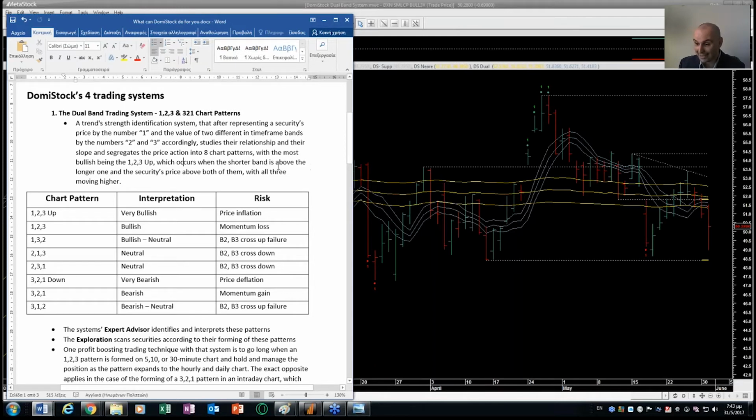When the shorter band is above the longer one, and the security's price is above all of them, with all 3 moving higher. So this is a hierarchy of different time frames of the security's price action. We want the closing price to be the champion, to be number 1.